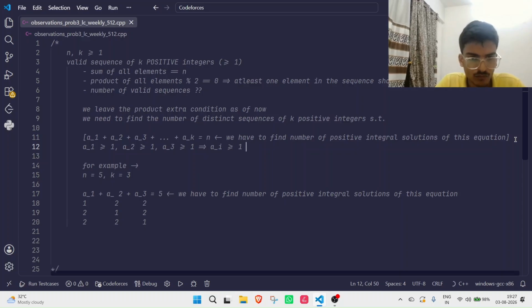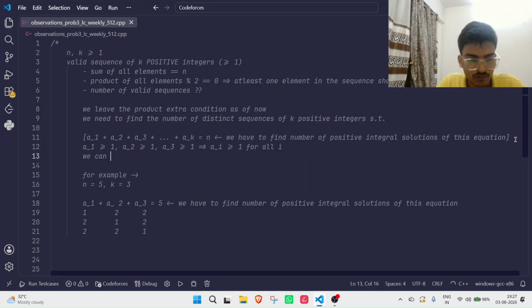Let's define ti, which is ai minus 1 for all i.